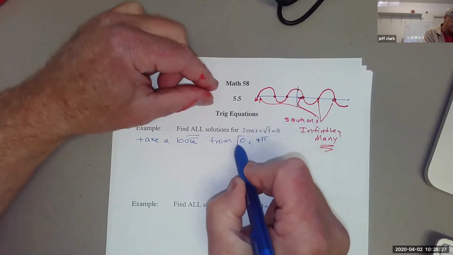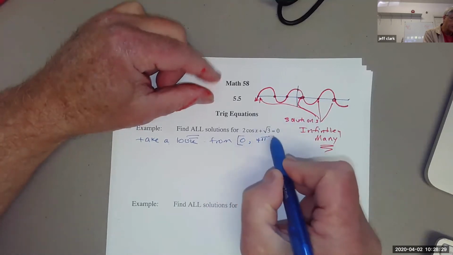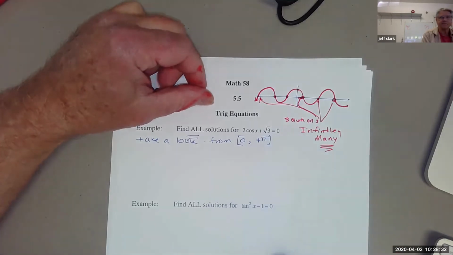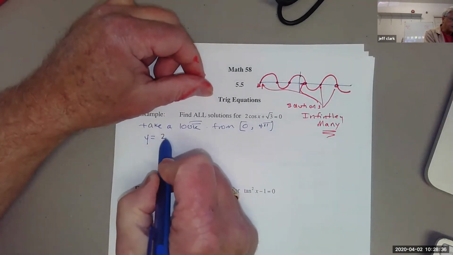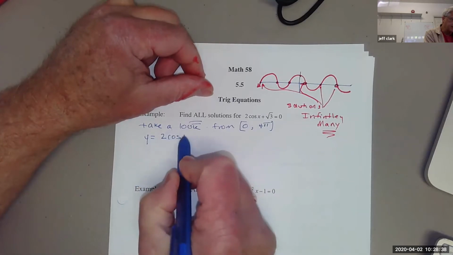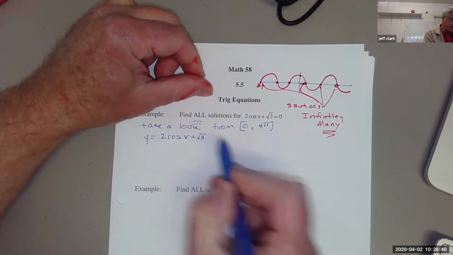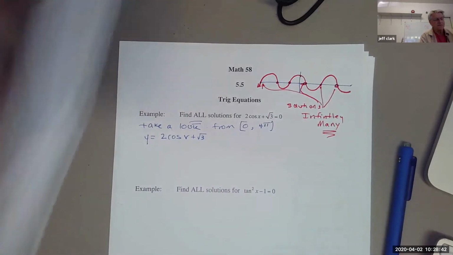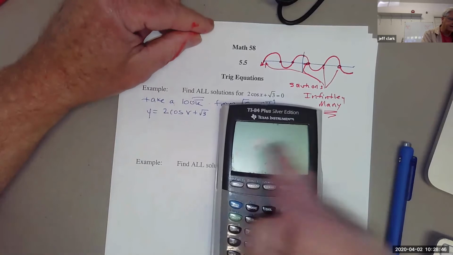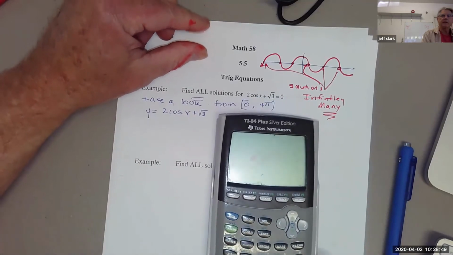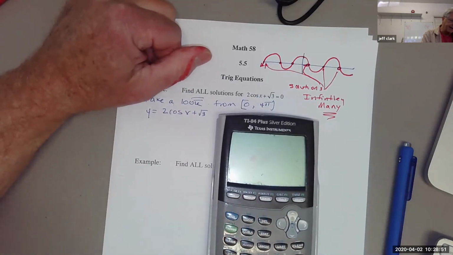So from 0 to 4 pi, and you'll see patterns, basically. You still go y equals 2 cosine x plus square root of 3. Before, the other ones just said specifically between 0 and 2 pi. But I've got to find them all. And if you do it this way, I think you'll get the idea.